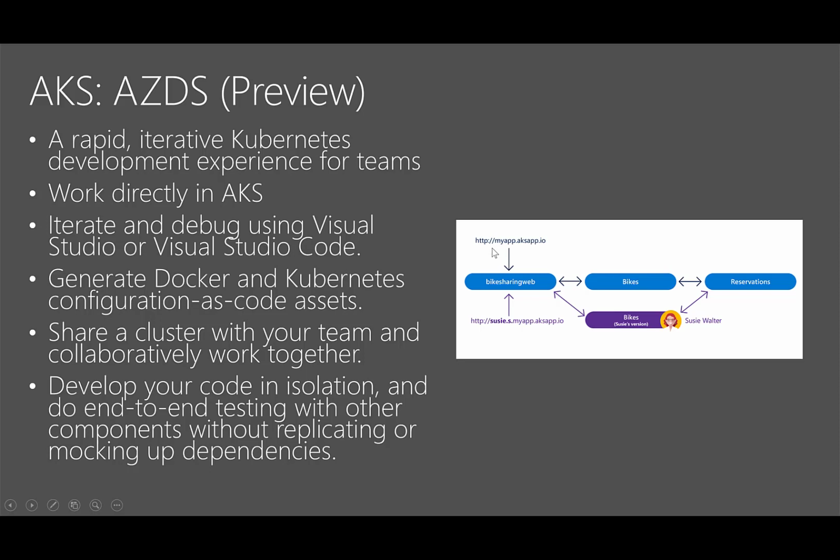What Azure Dev Spaces lets you do is create a namespace, for example, for Susie, who is the developer here, and it will create a special endpoint for Susie to work. She will be able to deploy her version of the bikes pod here, and then she can access that through susie.s, this URL here.